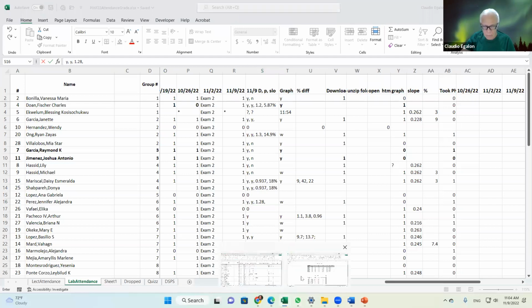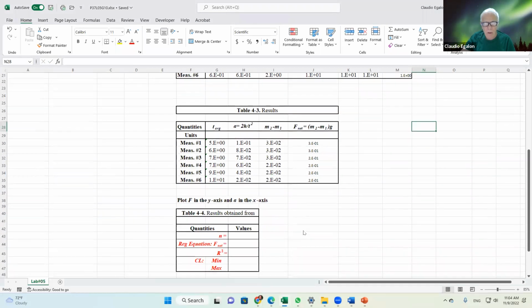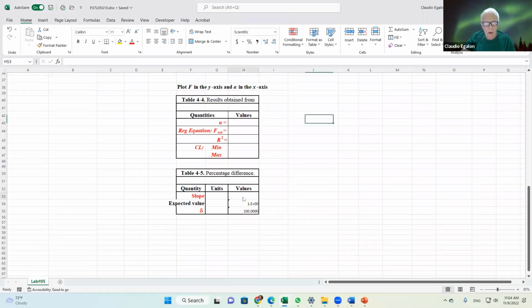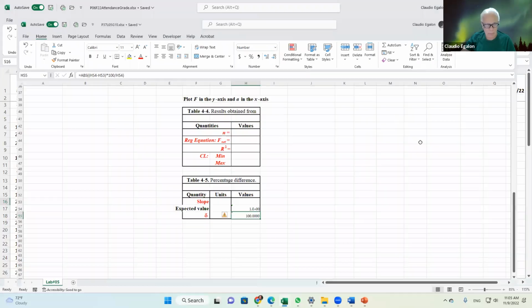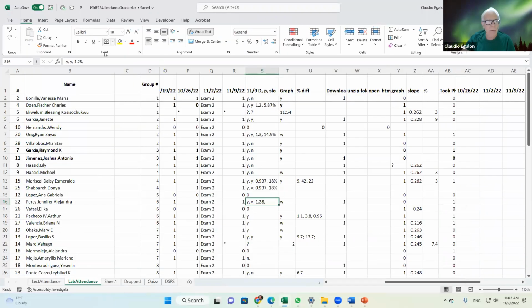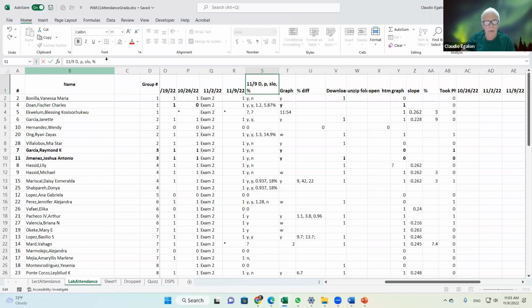So let's go here to your, once you plot the graph, you log the slope right here in this last table. And then you know what's the percentage difference right in here. Okay. Now, percentage slope, percentage difference.